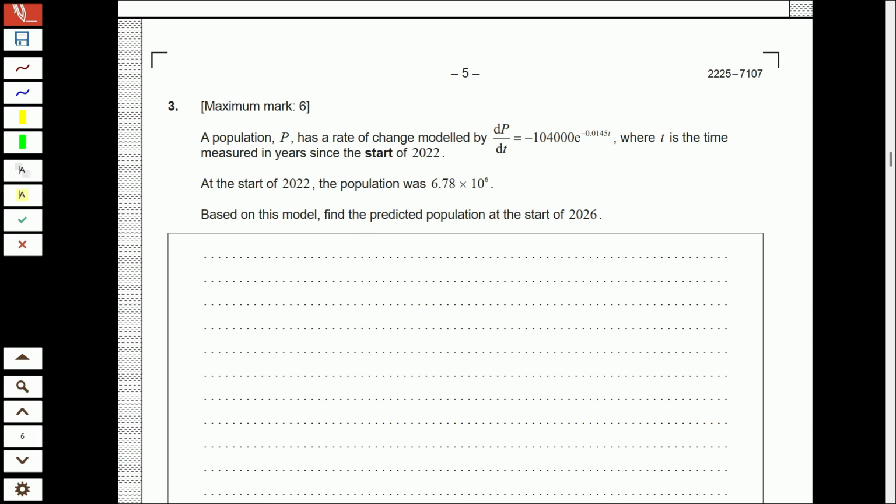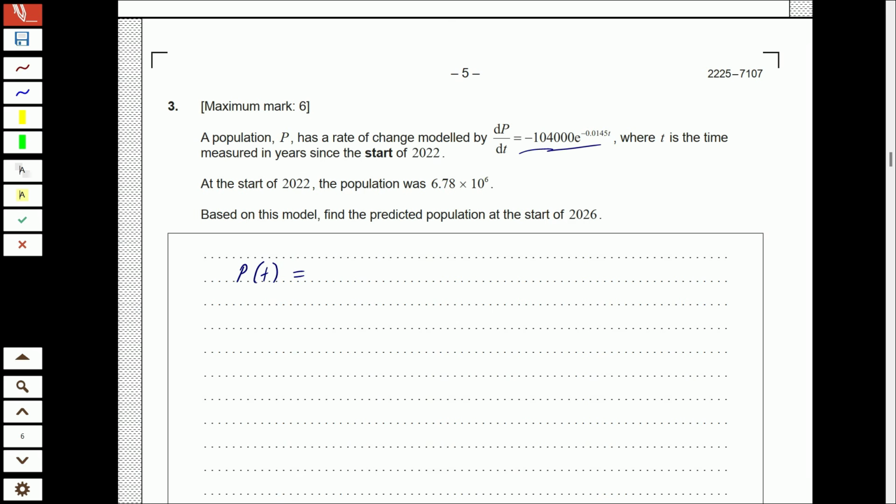You can find either the change in the population in 4 years by using the definite integral, or you can just find the function of P. I will use this one to find the function of P. In this case, I need to find the integral of the rate of change in terms of t.